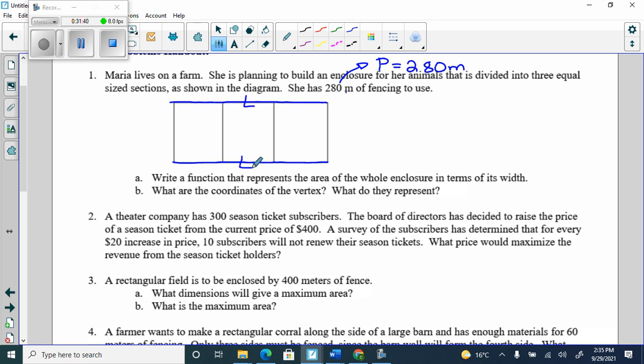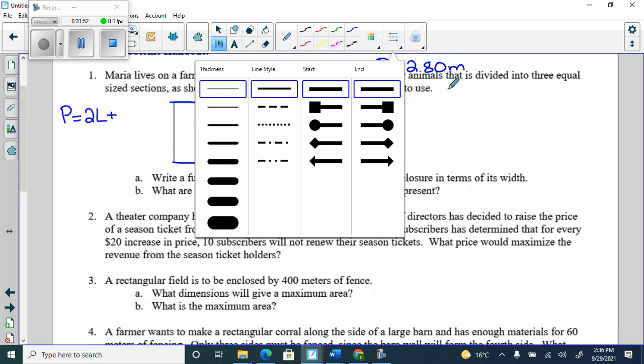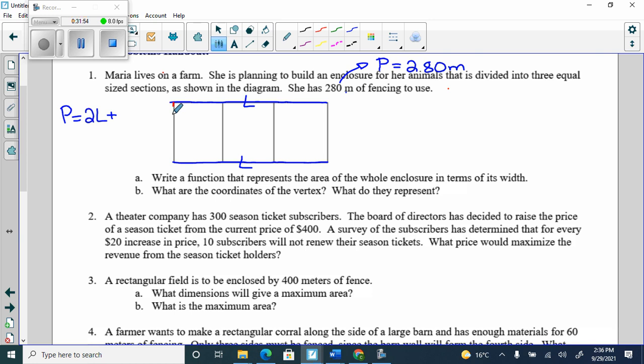You see that? So the perimeter of this one is 2 lengths plus these are all widths. So how many widths does this one have? 4.